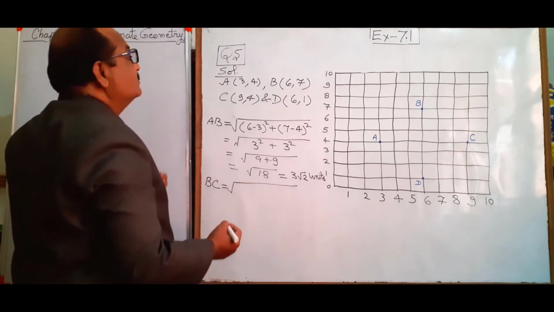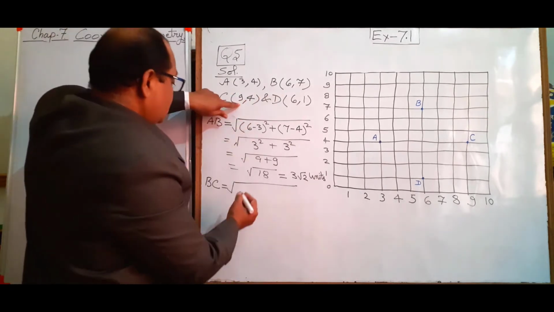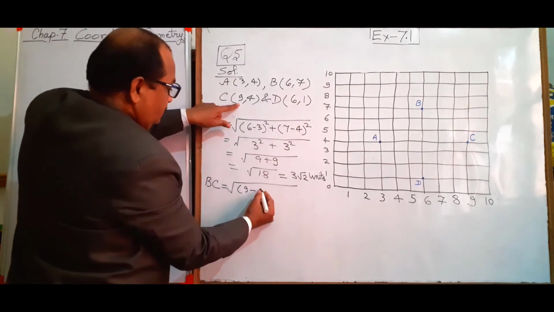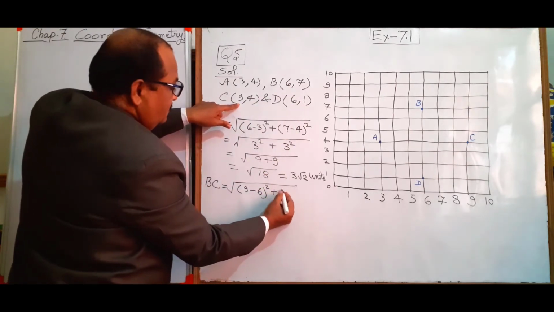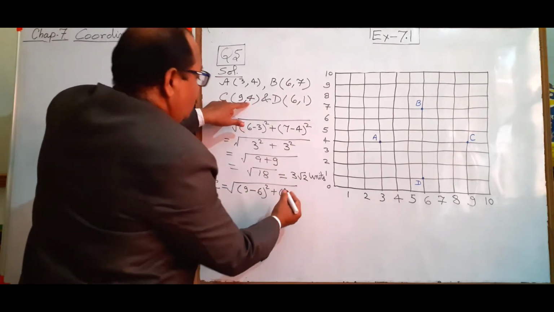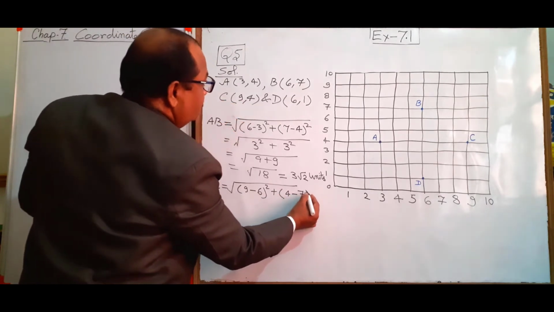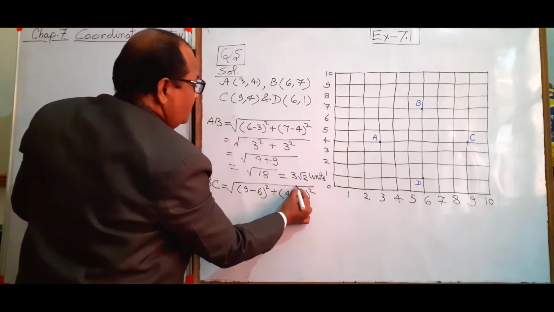BC is, see this C point, (9 minus 6) whole square plus (4 minus 7) whole square.